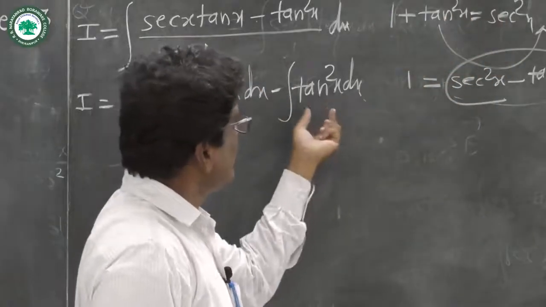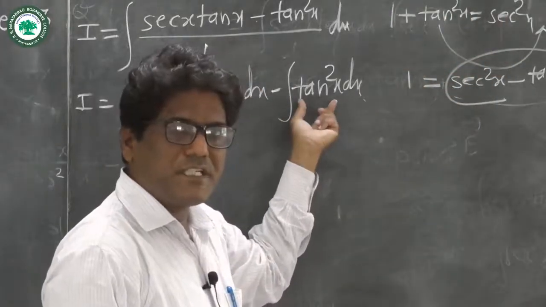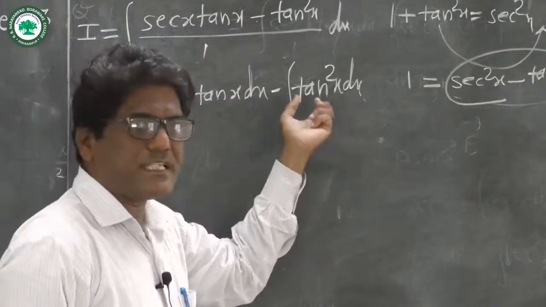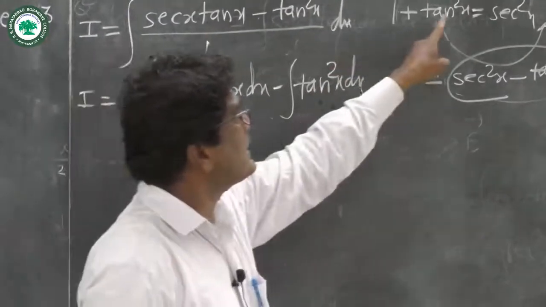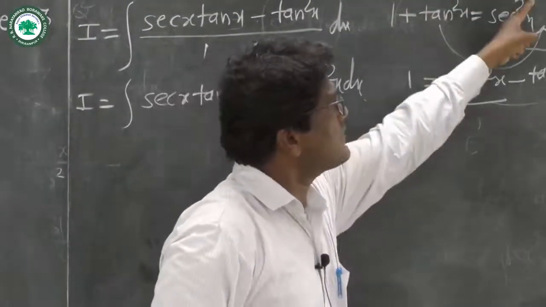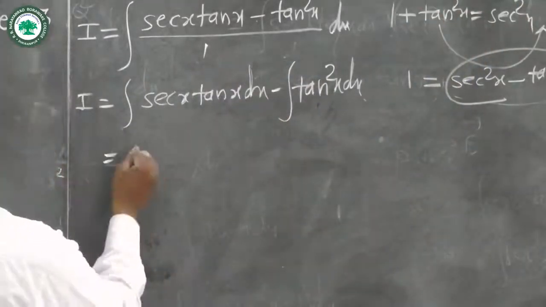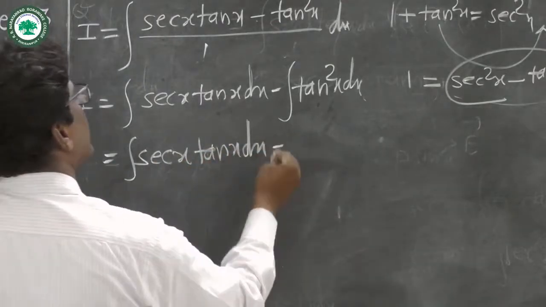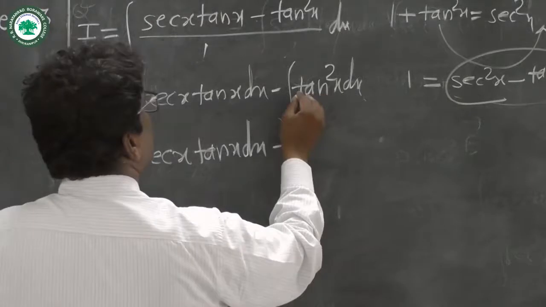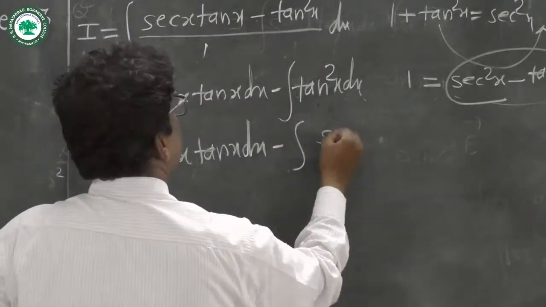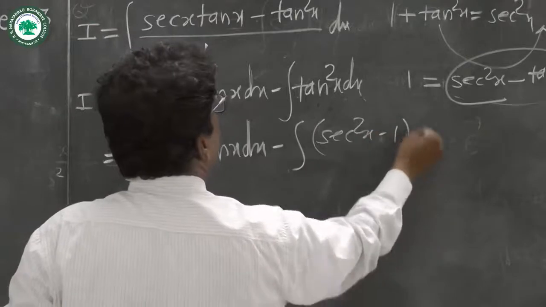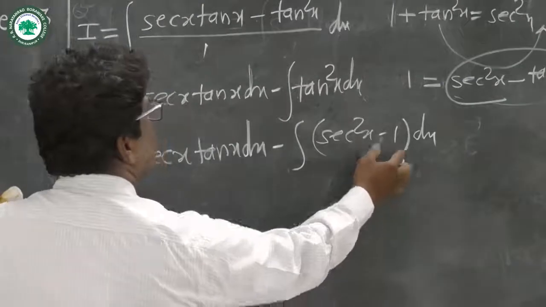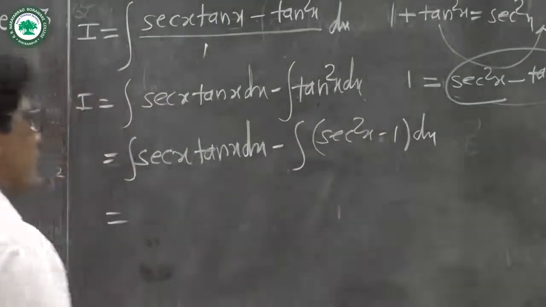Because we cannot take the integration of tan square x directly, we have no function whose derivative is tan square x, so we put the value of tan square x as sec square x minus 1, and therefore we get integration of sec x tan x dx minus integration of sec square x minus 1 dx, and so it is equal to, now again here separate the integration, in the second part separate the integration.